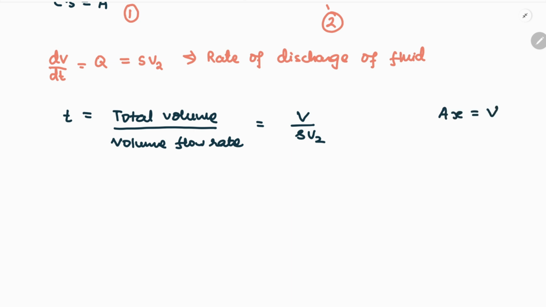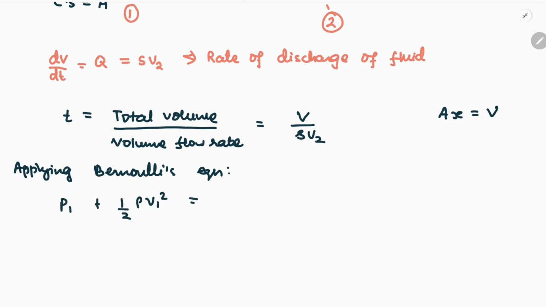So now if I apply Bernoulli's equation between the first and the second surface, then we can say P1 plus half rho V1 square plus rho g H1 equals P2 plus half rho V2 square plus rho g H2.